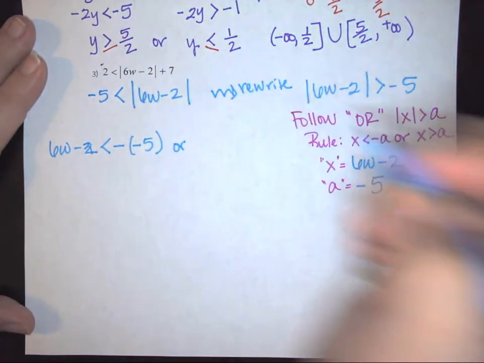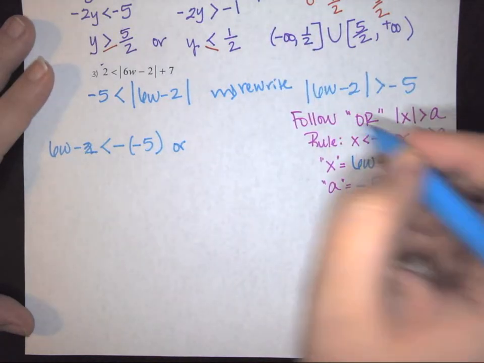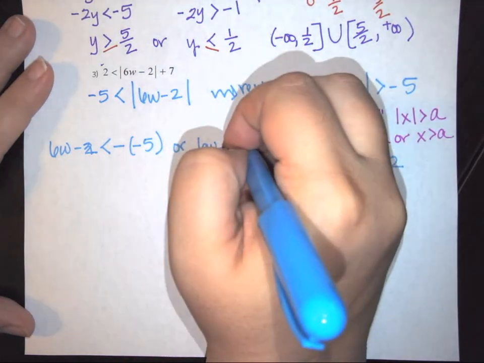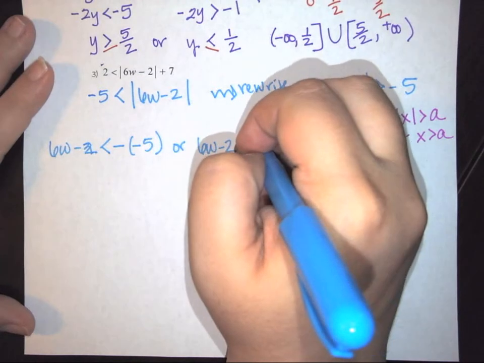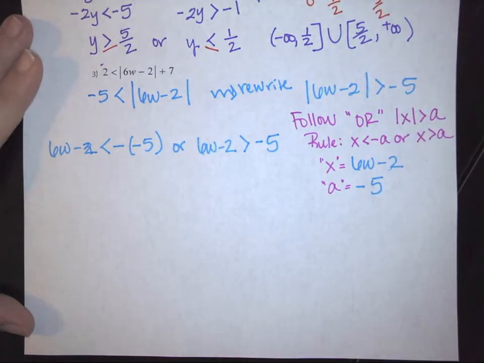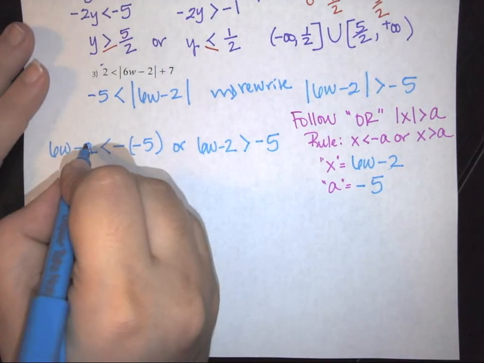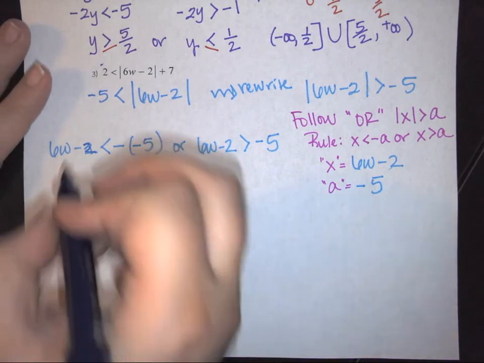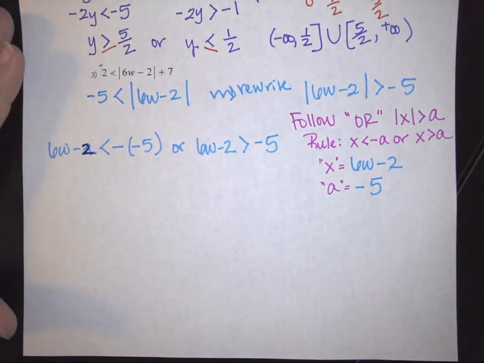And then I've got OR, and I need to do the other. My x is the 6w minus 2. I then have to input my sign, and I have to use the positive. So my a term was a -5. So this one kind of gets your brain doing the hokey pokey, which is fine. You just need to follow the math and see where it takes you, following all of the rules that you have.